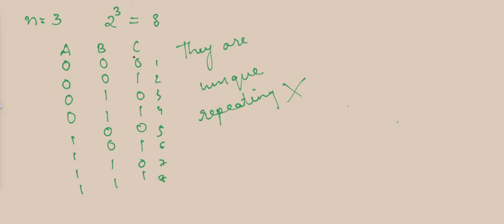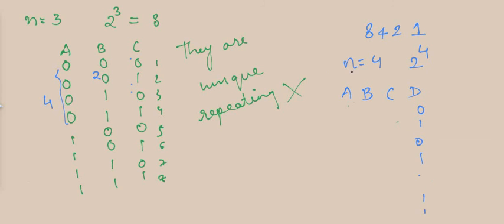You can ask me that here you were alternating at a distance of 1, and here you are alternating at a distance of 2, and here you are alternating at an interval of 4. You alternate at a distance of 1, then 2, then 4, and then 8. So if you have n equal to 4, your combinations will become 2 raised to the power 4. And suppose you have these 4 variables, you again continue 0, 1, 0, 1, 0, 1.